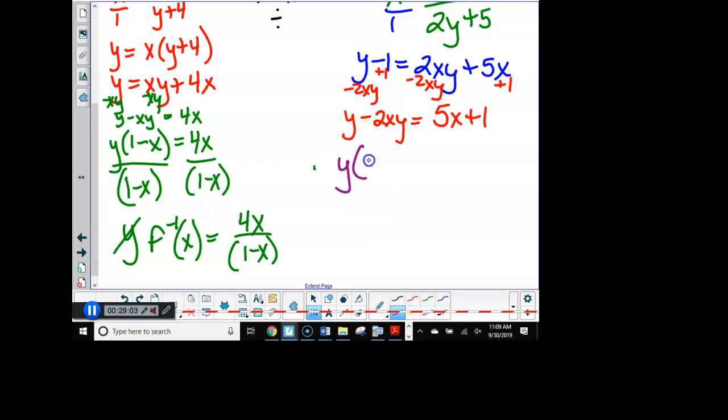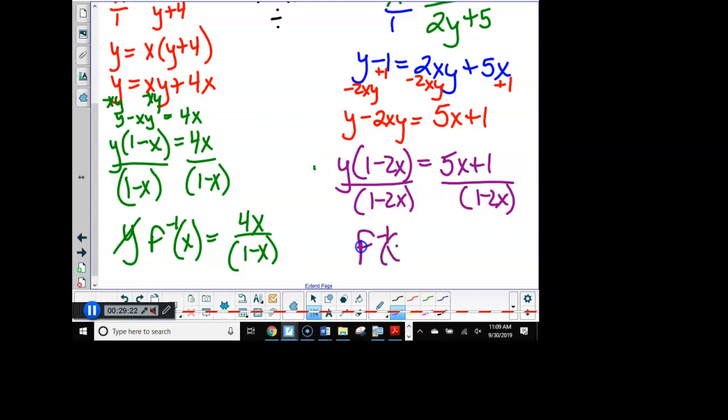What's left over here? 1 minus 2x. And over here is a 5x plus 1. And then I need to divide. So I end up with the inverse function is 5x plus 1 over 1 minus 2x.